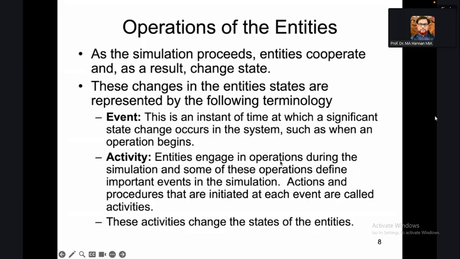Entities engage in operations during the simulation, and some of these operations define important events in the simulation. Actions and procedures that are initiated are called activities. So if you receive money and give him a ticket, that is an activity.